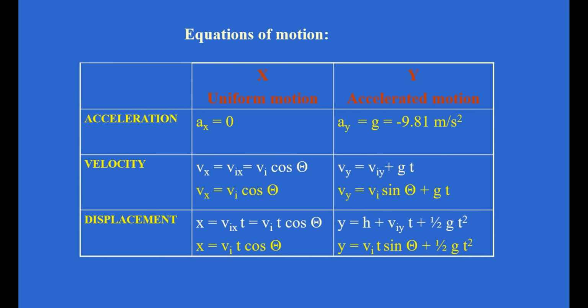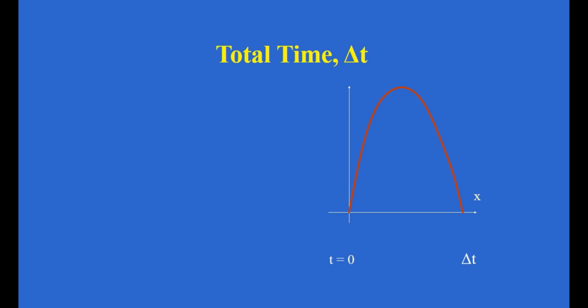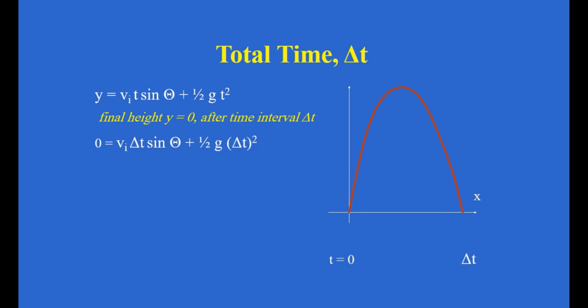Equation of motion. This is a table of equations of motion: acceleration, velocity, displacement. Total time, delta t. y equals v naught t sine theta plus half g t squared, and final height equals 0 after time interval delta t. 0 equals v naught delta t sine theta plus half g delta t squared.